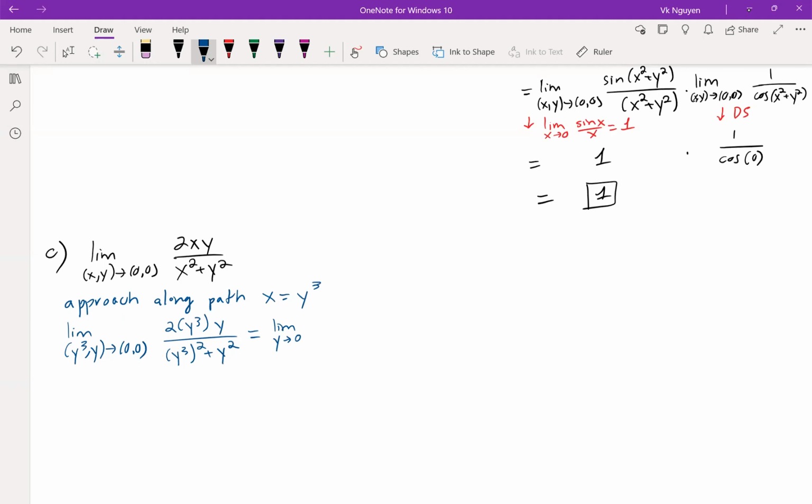Now we can do this. If anything goes wrong, like you have an indeterminate form, then you can use L'Hopital, because we are turning this into a function of one variable, y going to 0. Sometimes you can get the limit much faster, but sometimes it's a little slower.